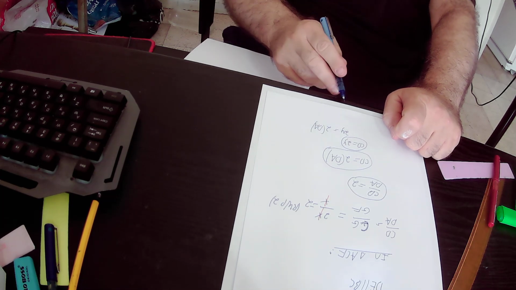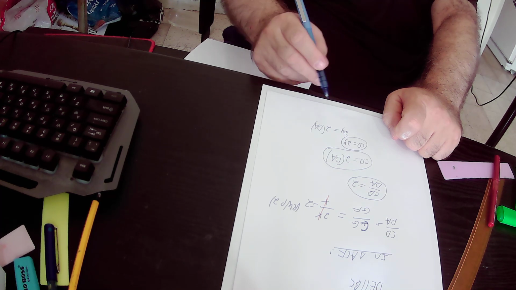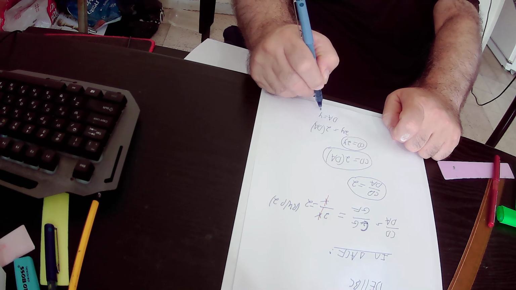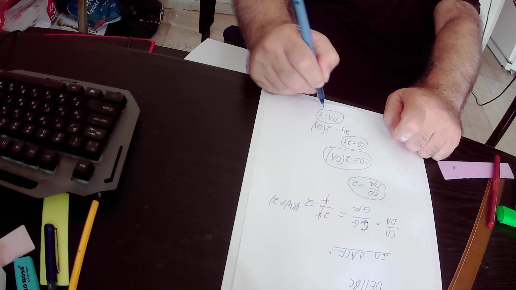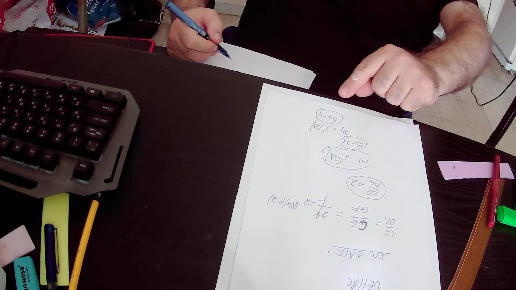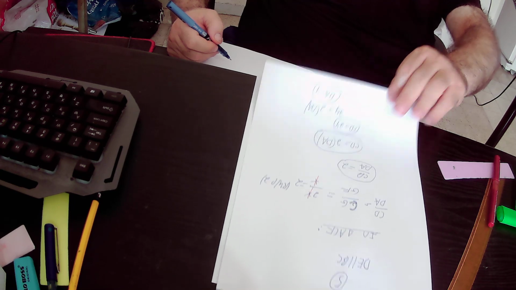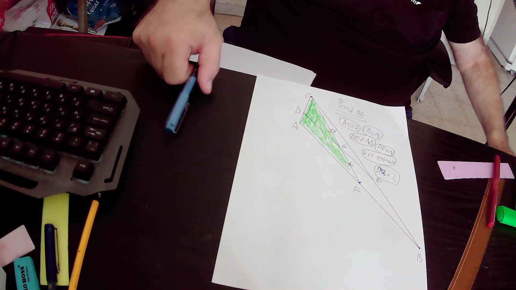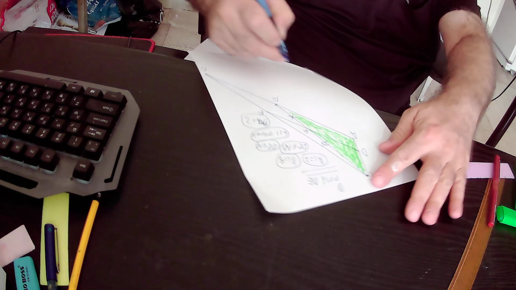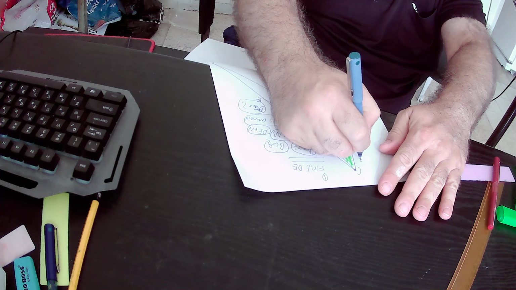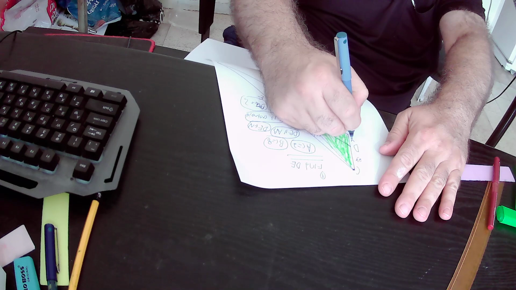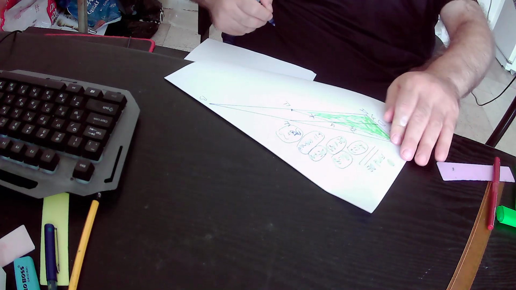Here we divide this equality by 2 and we get that DA equals y. We actually found out that if CD equals 2y, then DA will be equal to y. Okay?